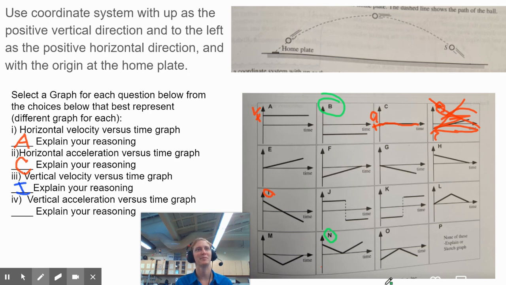What is the slope of I? A negative number. Does that slope ever change to be positive? Nope. Does that slope ever change? Nope. So then B is correct. And N is wrong. All right. Any questions?